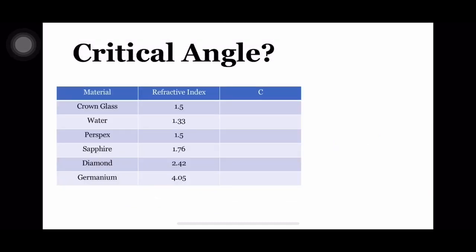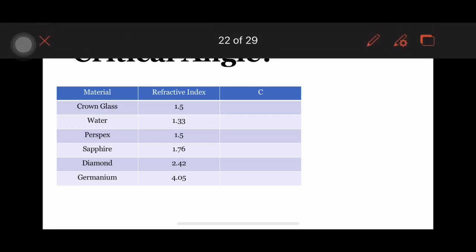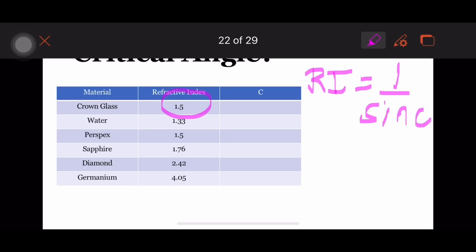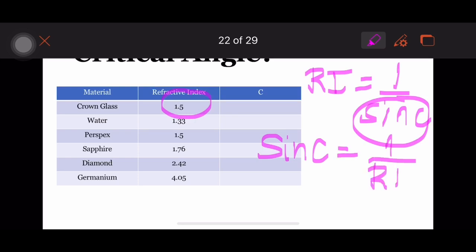Now, using that equation, let's solve for the critical angle of some materials. Let's say crown glass. Crown glass has a refractive index of 1.5. So we know that Ri is equal to 1 divided by sine of the critical angle. But we're looking for critical angle C, therefore we're going to rearrange this equation. It will become sine C is equal to 1 divided by the refractive index.